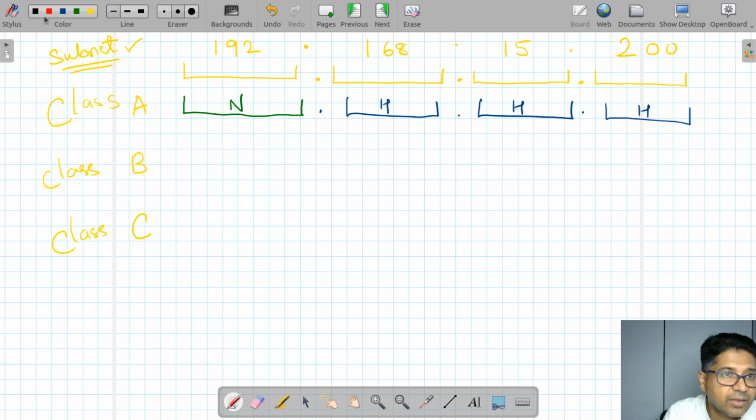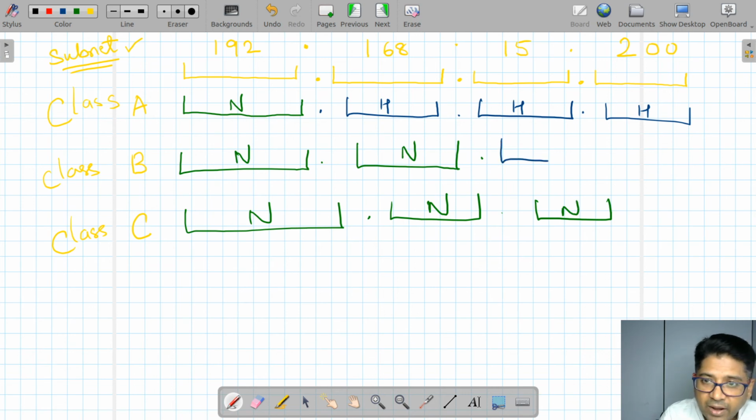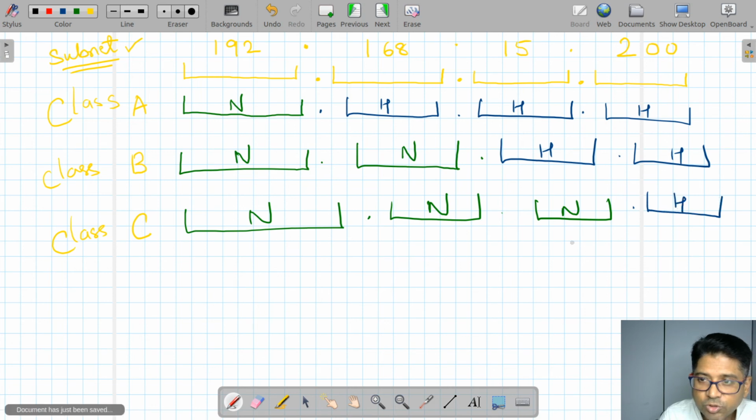That's class A. Class B says that I have 2 octets as the network, and class C says that I have 3 octets as the network. In the same way, class B has 2 octets for the host. In class C, the octet left for the host is only one. Clear? Yes, sir.